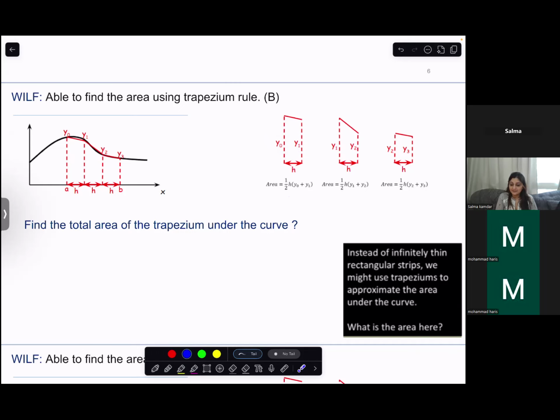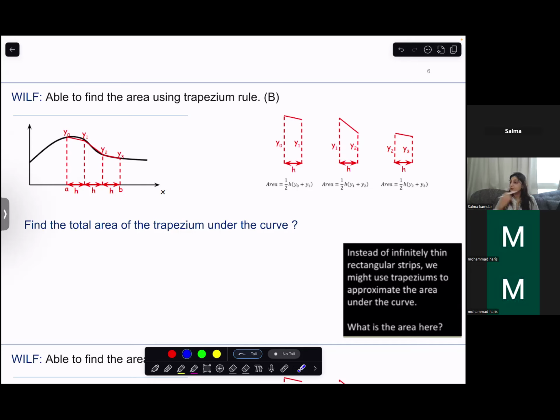That's just the basic formula for the area of a trapezium, right? The second one would be half height into y1 plus y2, and the third one would be half height into y2 plus y3.